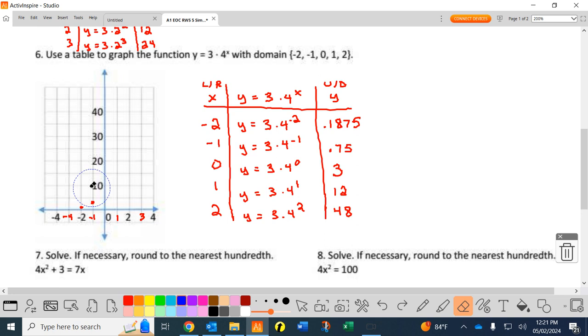Actually each block represents 5, so it's going to go 0, 5, 10, 15, 20, 25, 30, 35, 40, 45, and then 50 at the top. That's really important because your numbers get really big. But that means these are like microscopic differences.